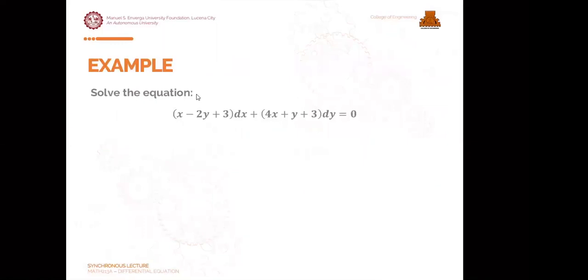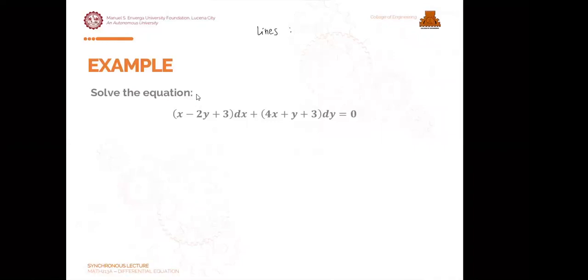So, dito, solve the equation x minus 2y plus 3 and 4x plus y plus 3. Okay. So, since may dalawa tayong cases, sa unang tingin, paano ma-identify ngayon kung parallel or nag-intersect yung given mong problem, no? So, one way to identify siguro is kung natatandaan nyo yung pagkuha ng slope.